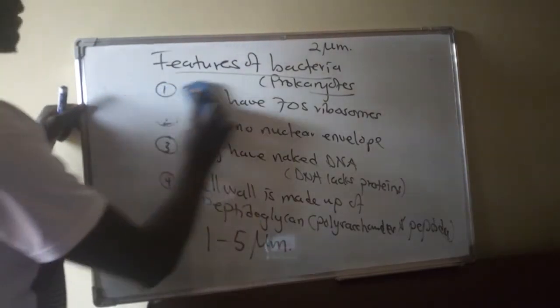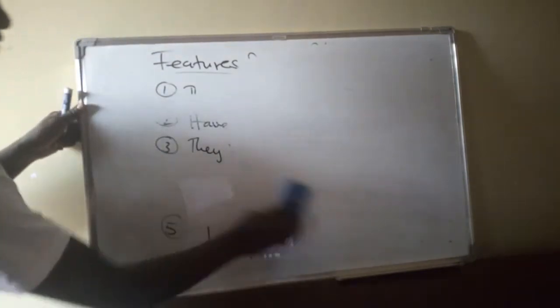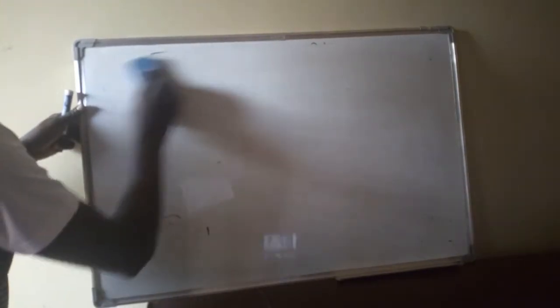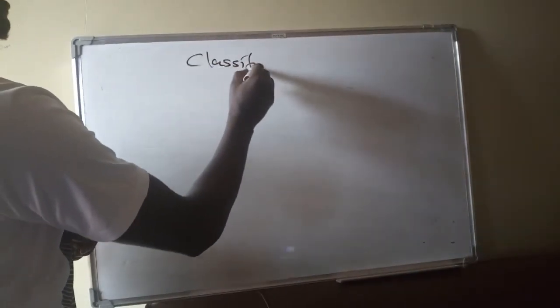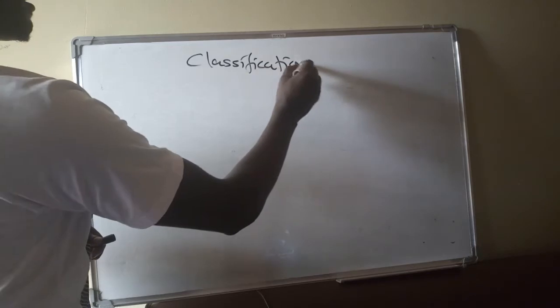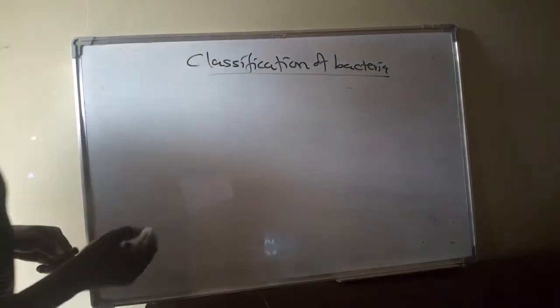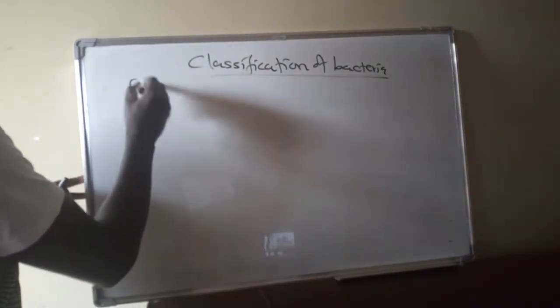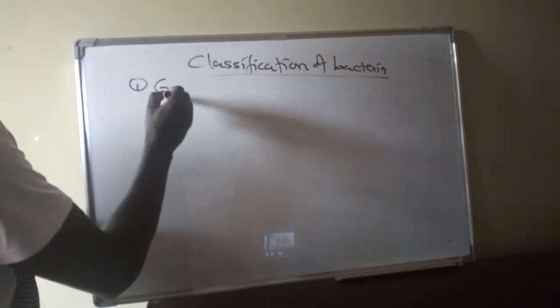So we look at classification of bacteria. How are bacteria classified? First of all, we have classification based on gram stain.